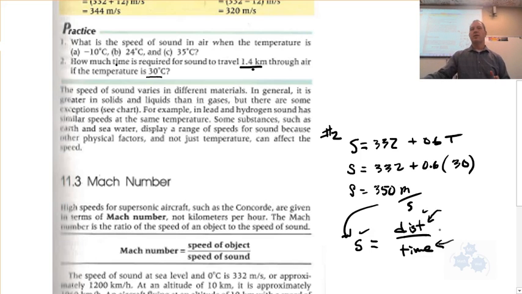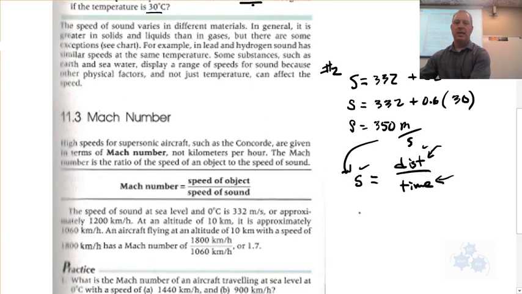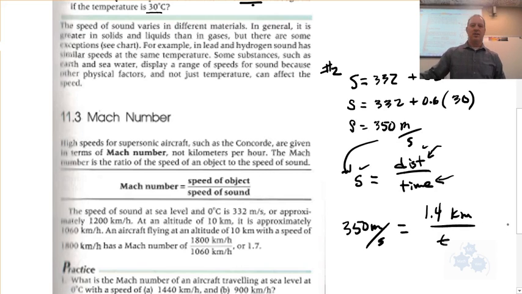The only issue is our units are not lining up so far, right? And why is that? Because the speed is in meters per second, right? The distance is in kilometers. So that's no good.